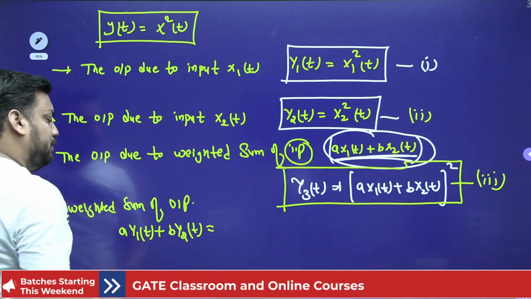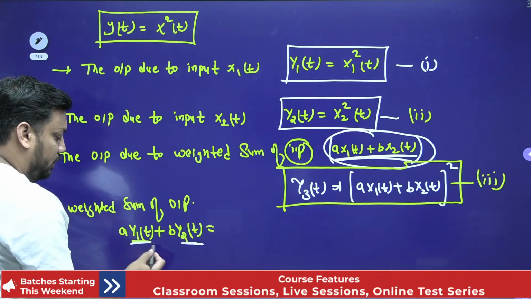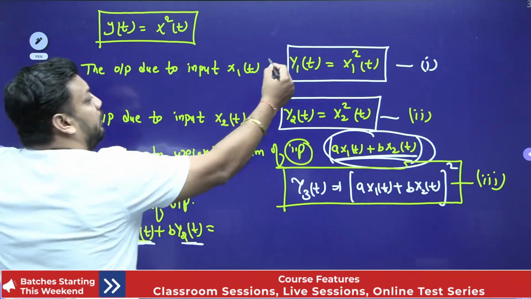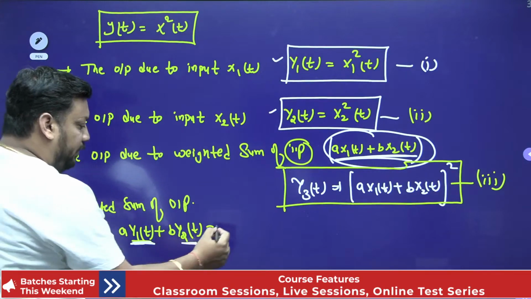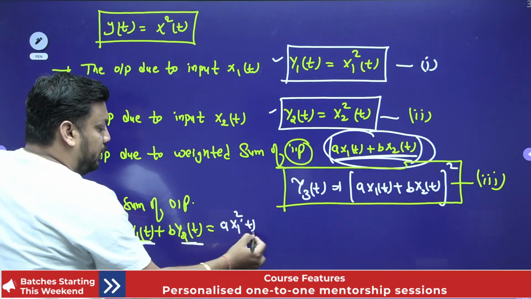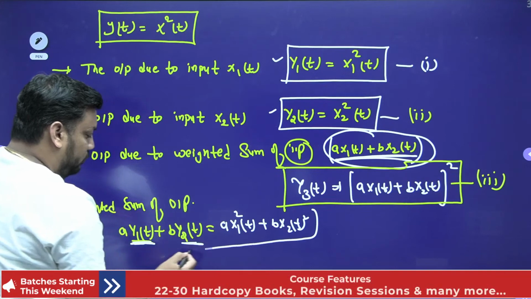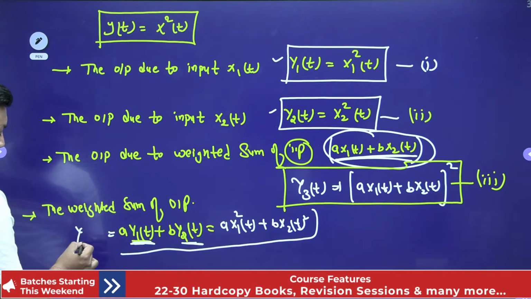I can take y1(t) and y2(t) from equation number 1 and 2. If I put this value, I get a x1 square (t) plus b x2 whole square (t). And this will give you y4(t).